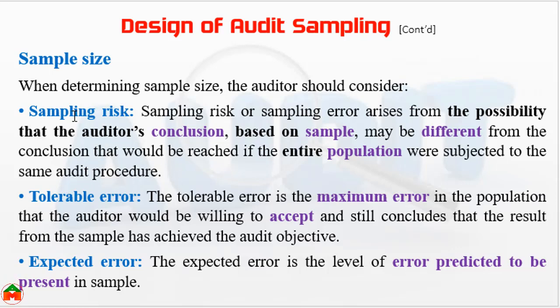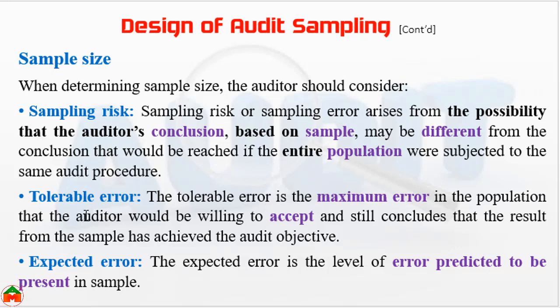That means sampling risk occurs when the conclusion based on the sample is different from the conclusion based on the population.